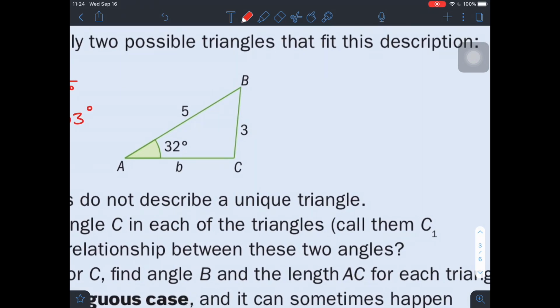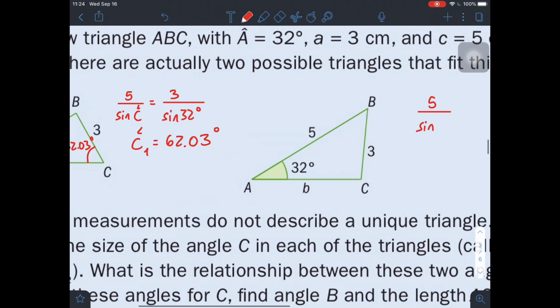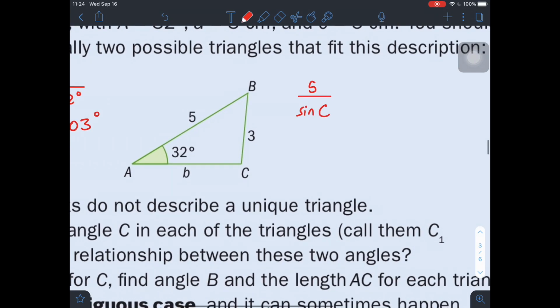Now, let's work with this triangle. We're actually going to be doing exactly the same thing. We're going to apply the sine rule. We have this side and we have this pair of values. So I'm going to say that 5 is to sine of C. I'm going to call this C1, this C2, as 3 is to sine of 32 degrees.